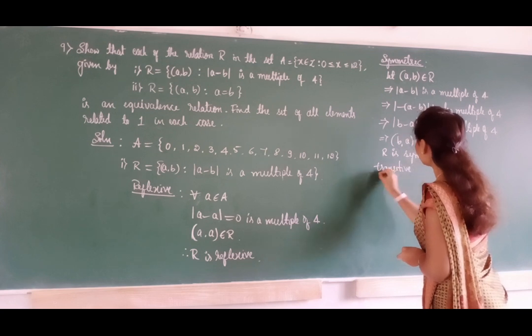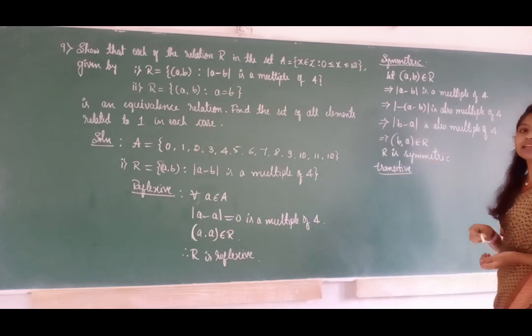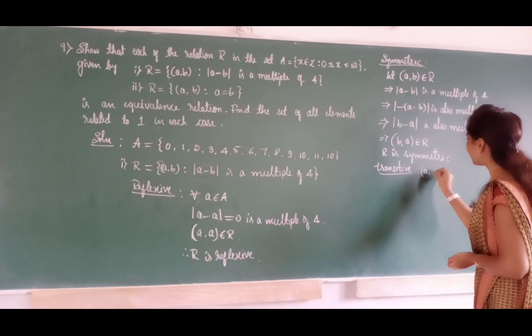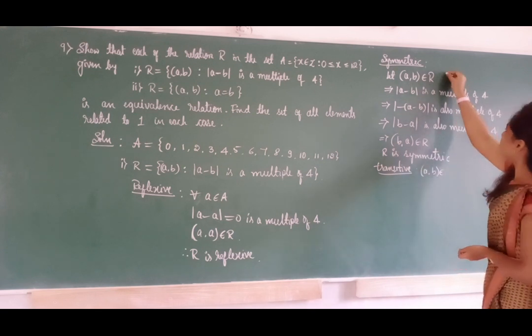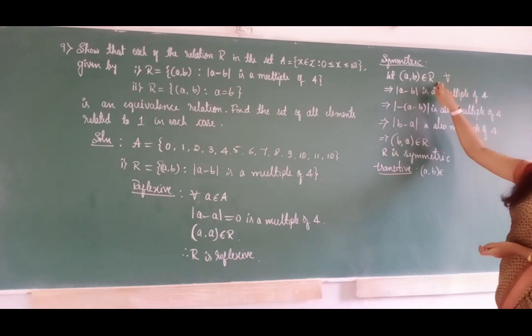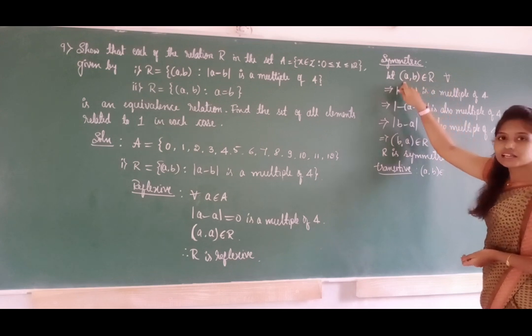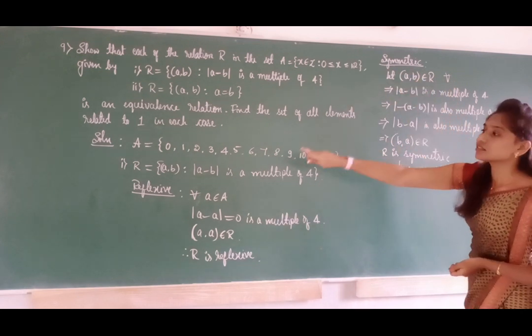For transitive, we take two ordered pairs. Observe, the elements A and B belong to the set A only.